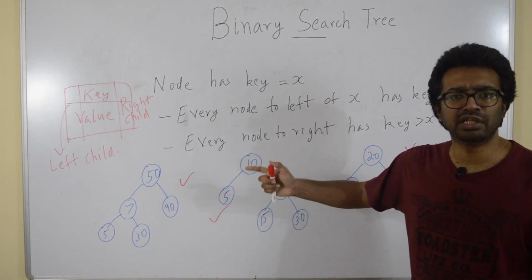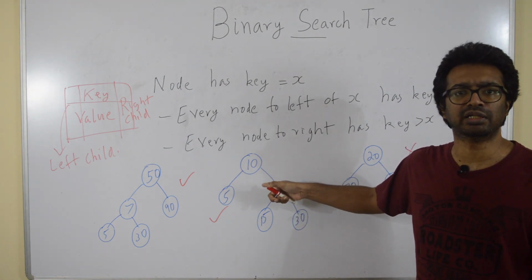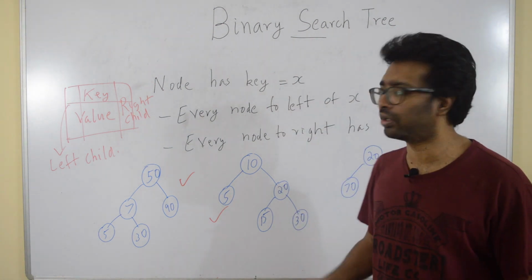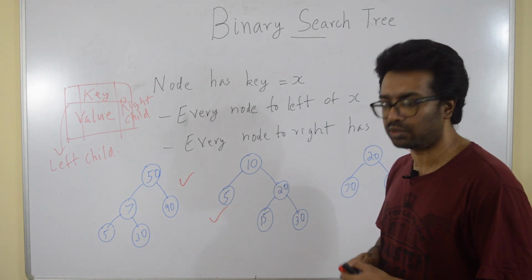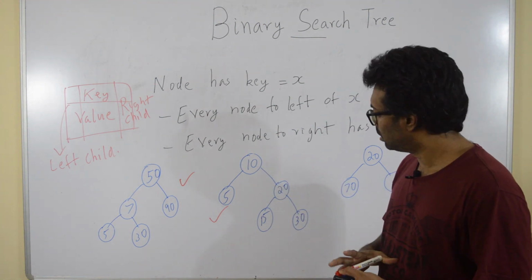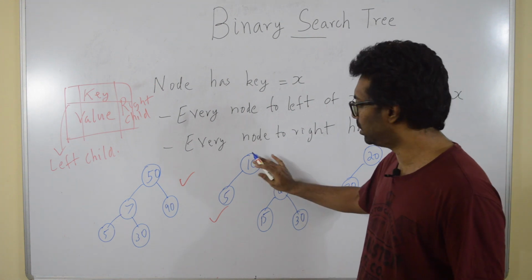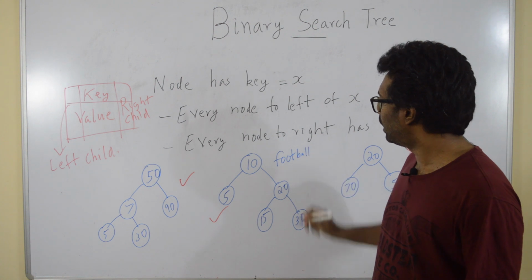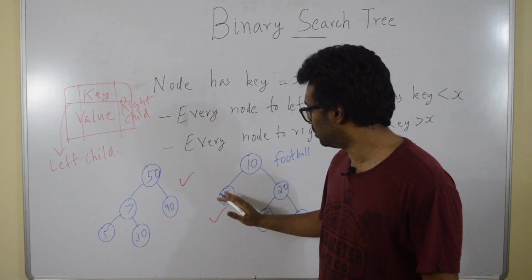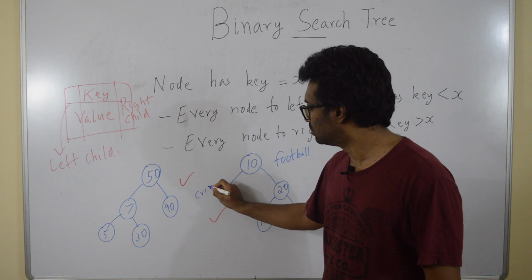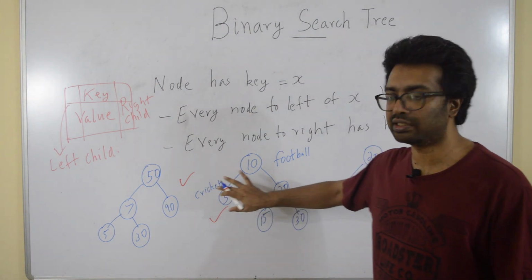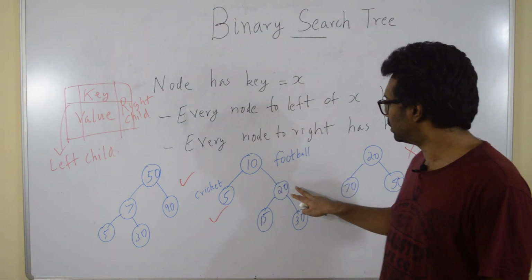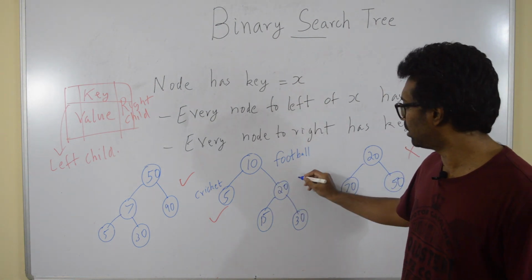You can also notice that this need not be a number. This could have been a string, and I can use a lexicographic ordering, a less-than ordering, an alphabetic ordering on a word. So let's say this is football, and this is cricket. Obviously, cricket is less than football because C is less than F in the lexicographic ordering. On the other hand, this is F, G, H, so this can be hockey.